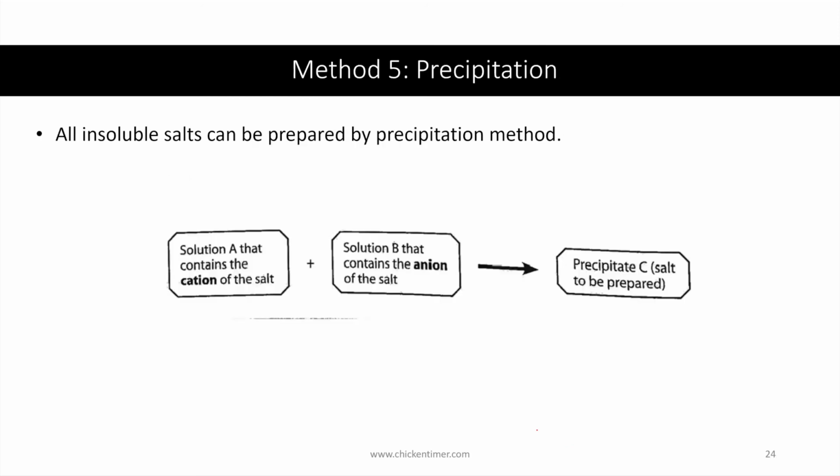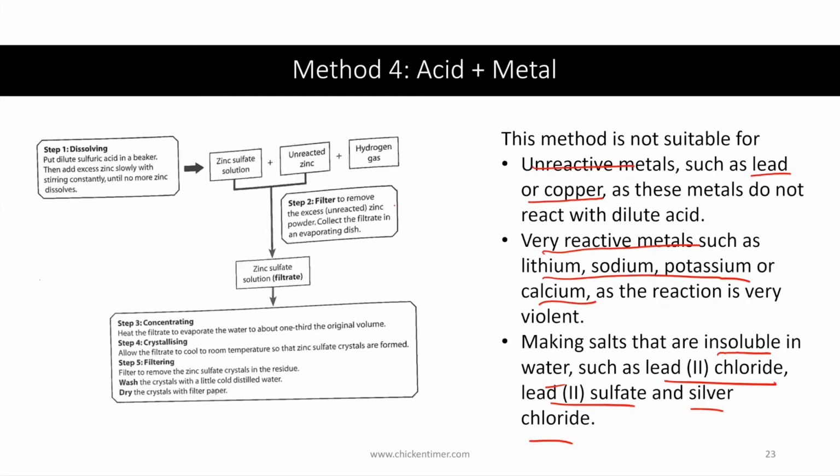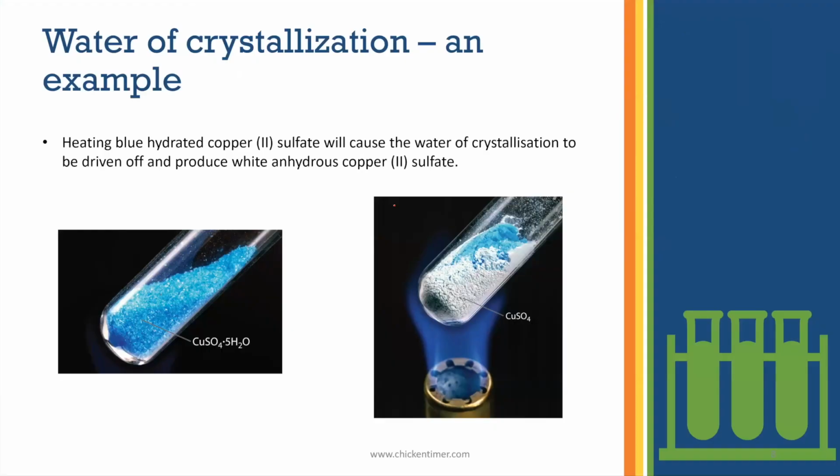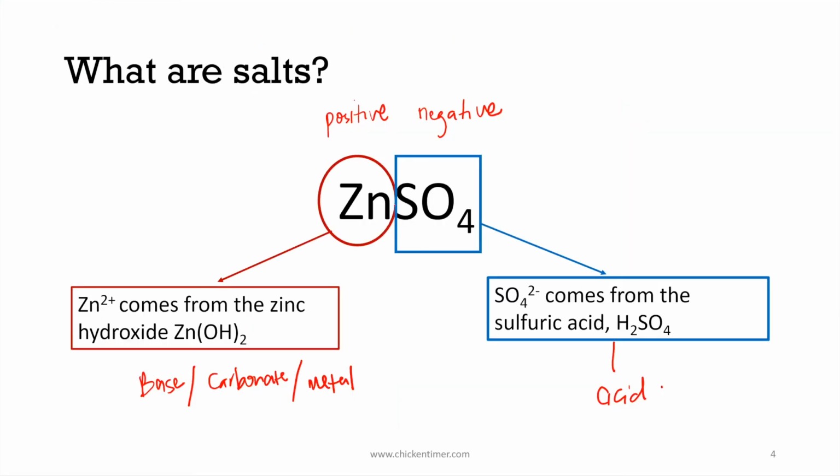Precipitation is used to prepare insoluble salts. And it's a bit more difficult to choose the reactants A and B. So this one, you have to go back to, okay, recall again, that precipitation, you have to make use of this.